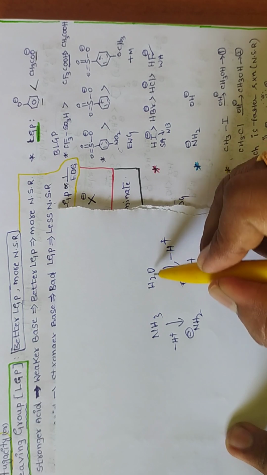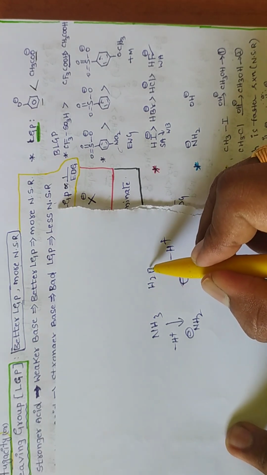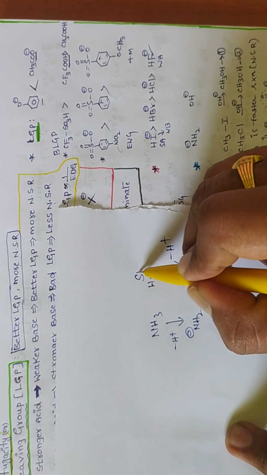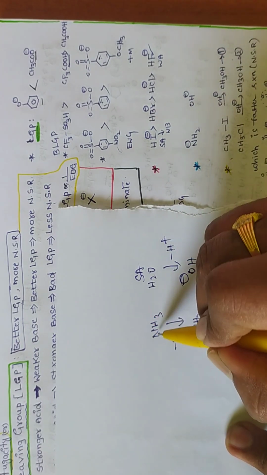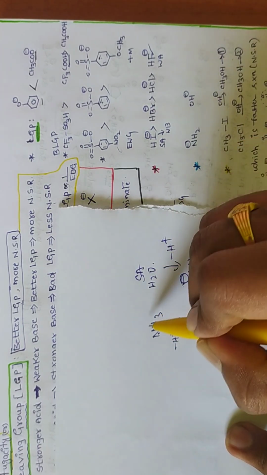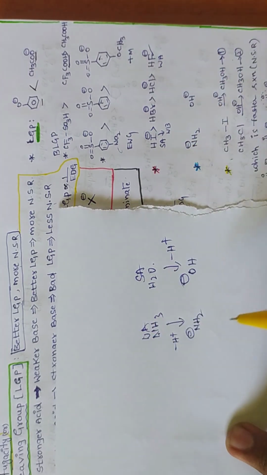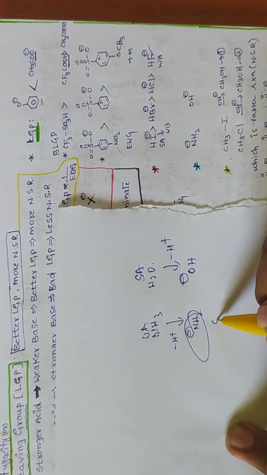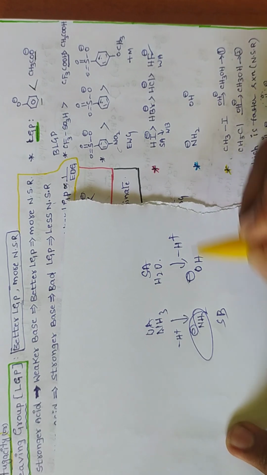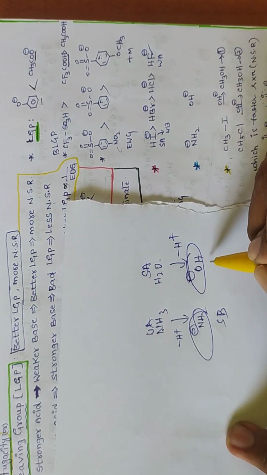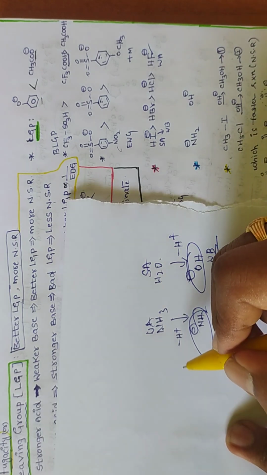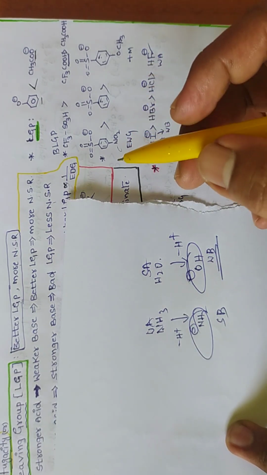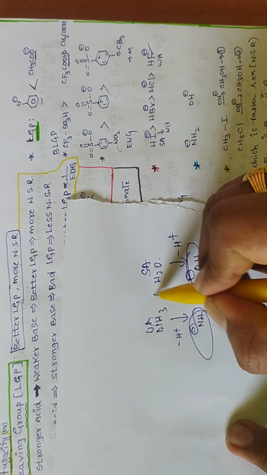H2O is the strong acid because hydrogen is connected with a highly electronegative element. Here hydrogen is connected with nitrogen. Nitrogen is less electronegative compared to oxygen, so therefore it is a weak acid. Weak acid has a strong base. Strong acid has a weaker base. Weaker the base, better the leaving group, more the nucleophilic substitution reaction.